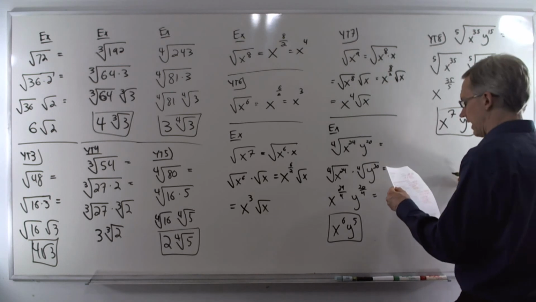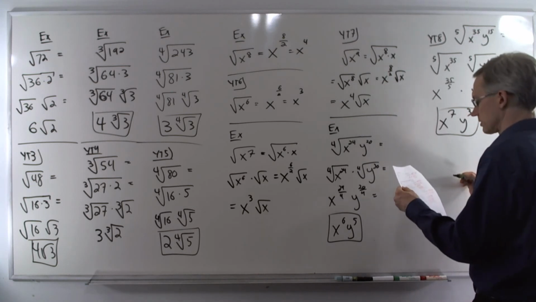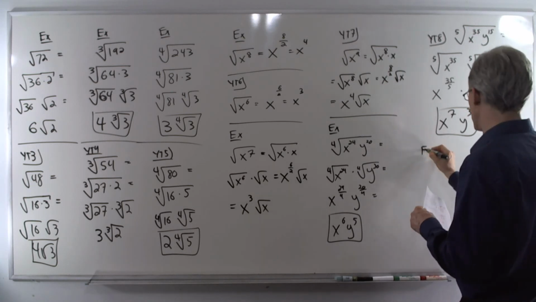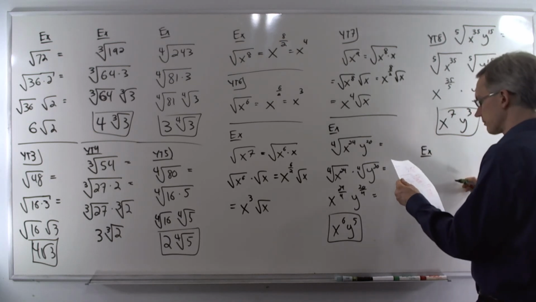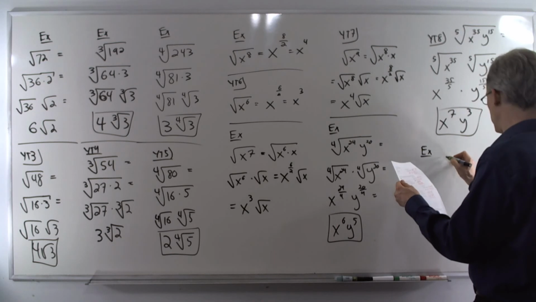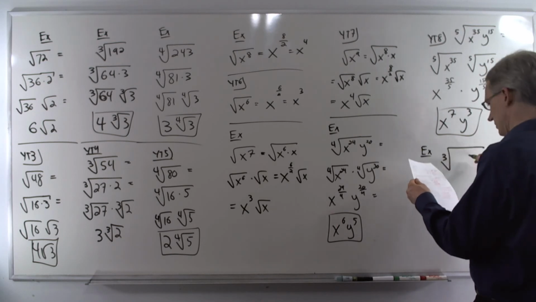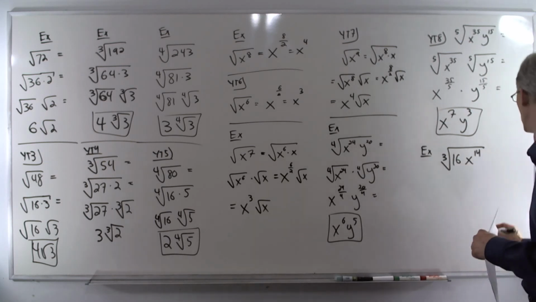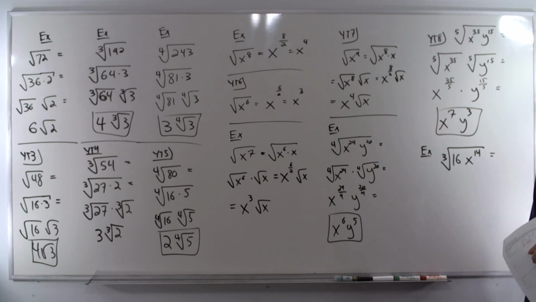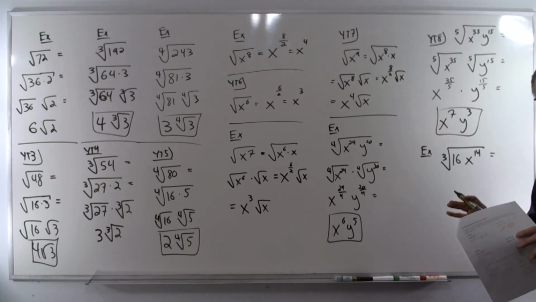Now some of these are going to have variables with coefficients. So we'll just do those separately as well, requiring both techniques that we've seen before. So we're going to do the 3rd root of 16 x to the 14th power. All right, when we split this up, we want to split up into 2 different radicals.